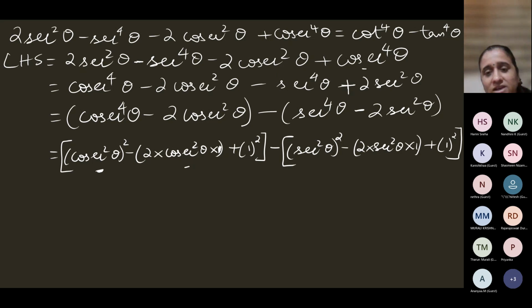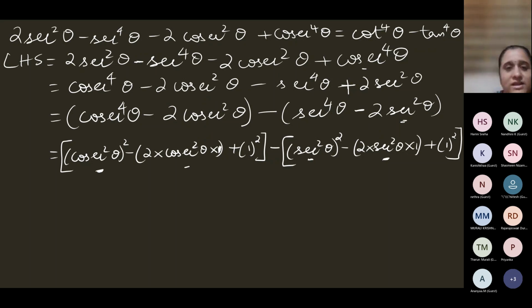And in the second bracket also, secant theta to the power 4 we have there, and 2 secant square theta also we have. But the plus 1 square is missing, so to complete the square we want to write it as x minus y the whole square. For that you need 3 terms: x square, minus 2xy, and plus y square. That y square term is missing, so we have simply written plus 1 square.